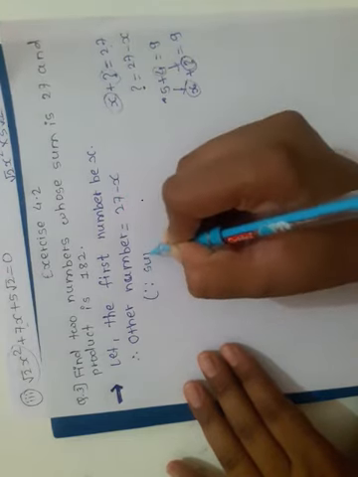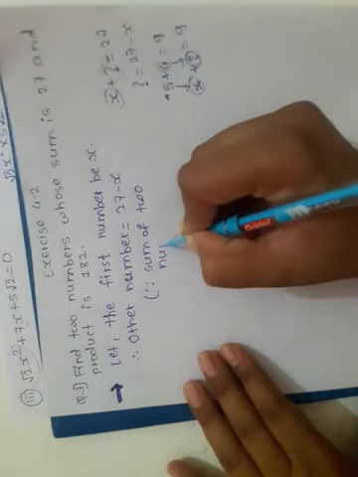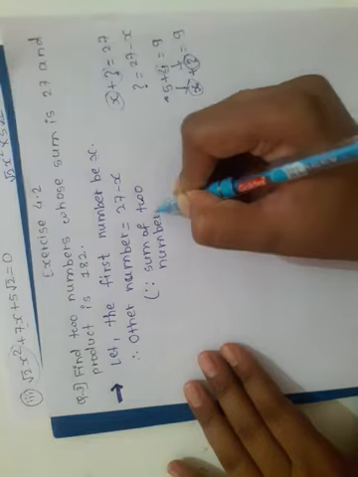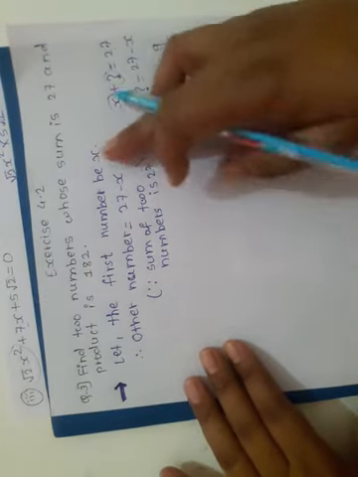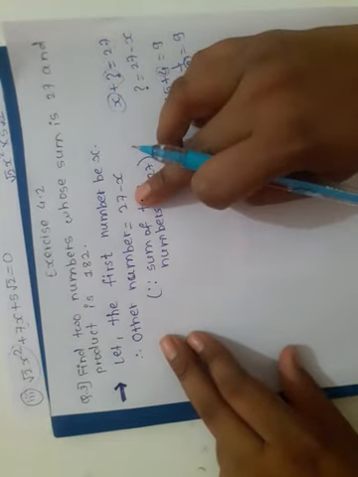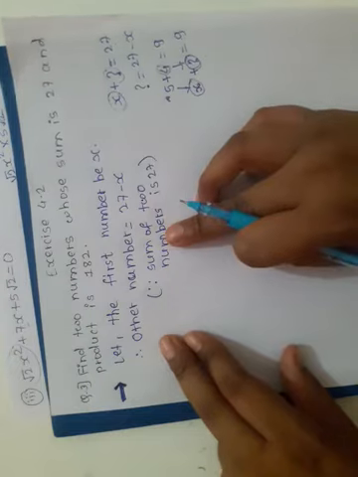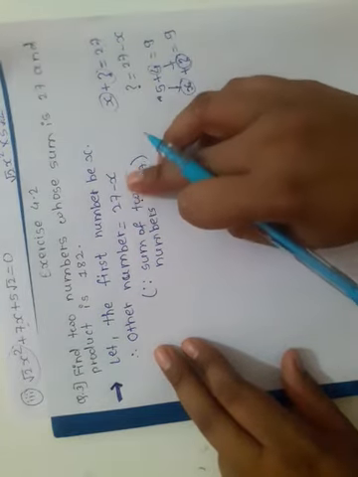Since the sum of two numbers is 27. If the sum is given and the first number is x, then we can subtract the first number from this sum and obviously we get the other number. So the first number is x, the other number is 27 minus x.